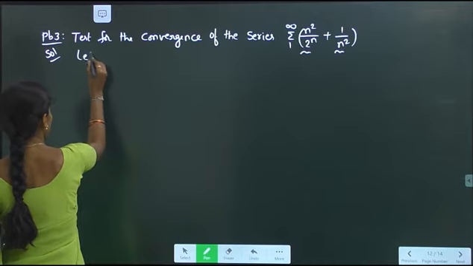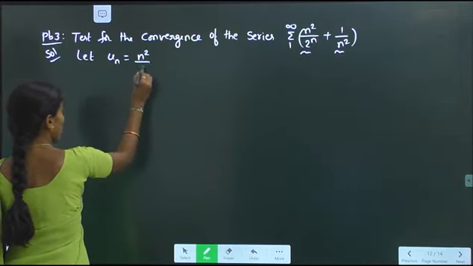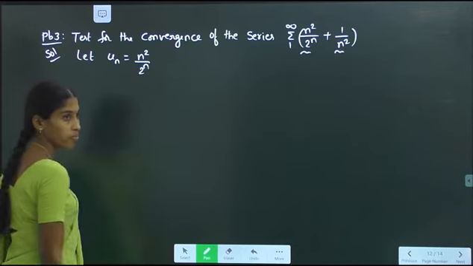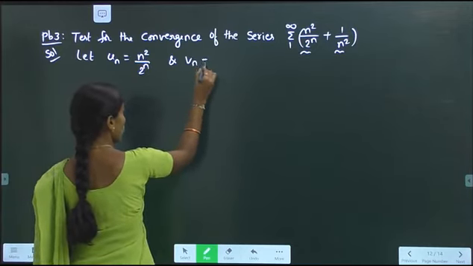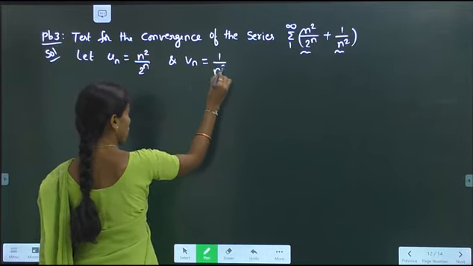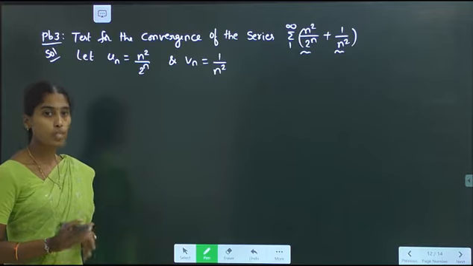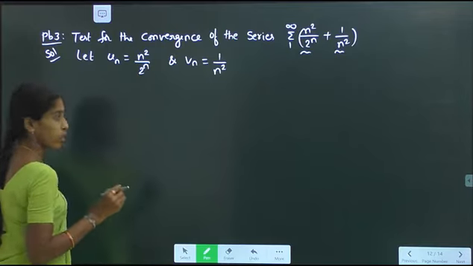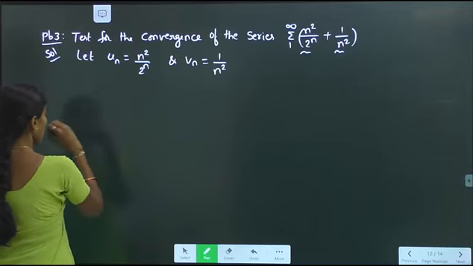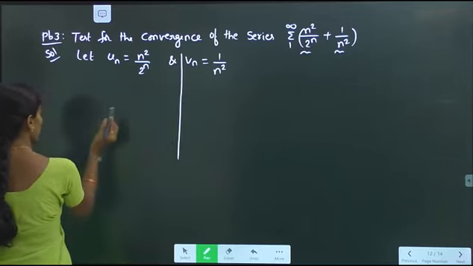Let un is equal to n square by 2 to the power n and Vn is equal to 1 by n square. So we write the given series as sum of two series. First we identify the nature of the first one. After that we will discuss the second one nature.